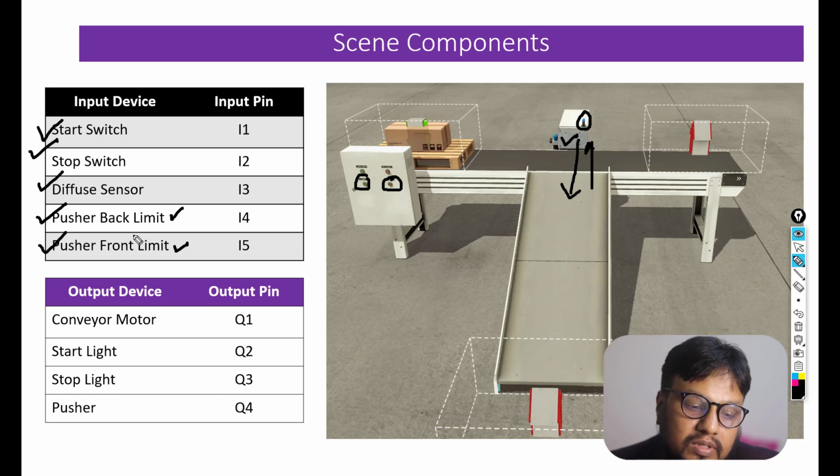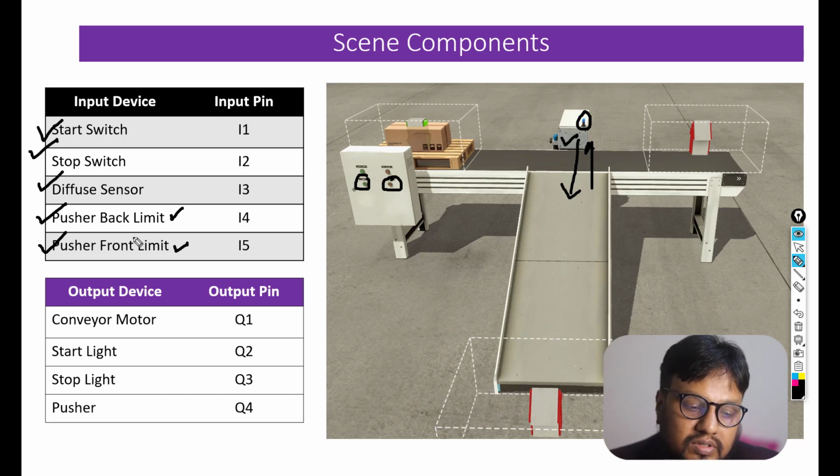So these two limit switches indicate whether the arm has extended all the way up or has gone all the way down. This is how we can understand whether our arm has been reset or not.